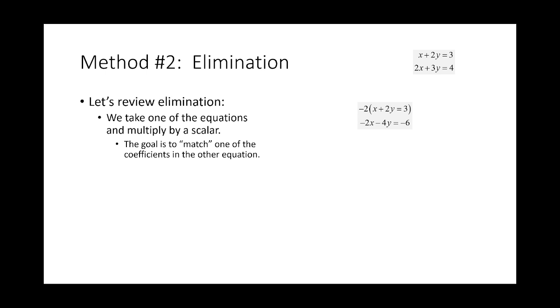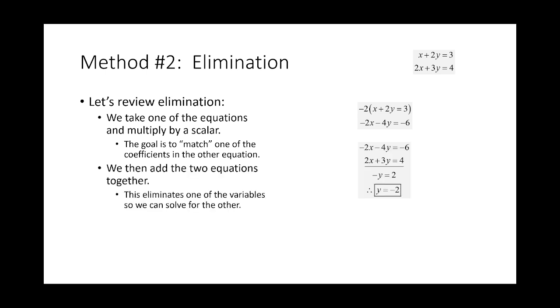It's like, well, fine, but why'd you do that? The reason, or the goal, is to try and match the coefficients in the other equation. If you look at the x terms after I did all that, I got a negative 2x in this equation and a positive 2x in the other equation. So I take the first equation and the second equation and I add the whole thing together, the whole kit and caboodle.